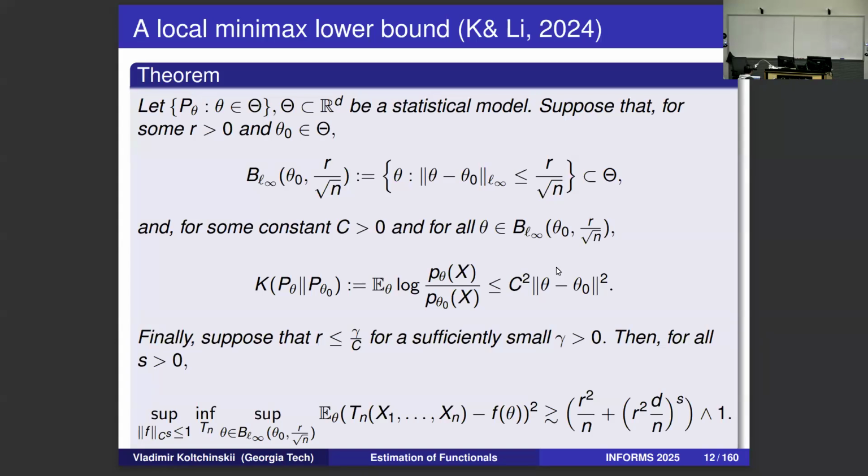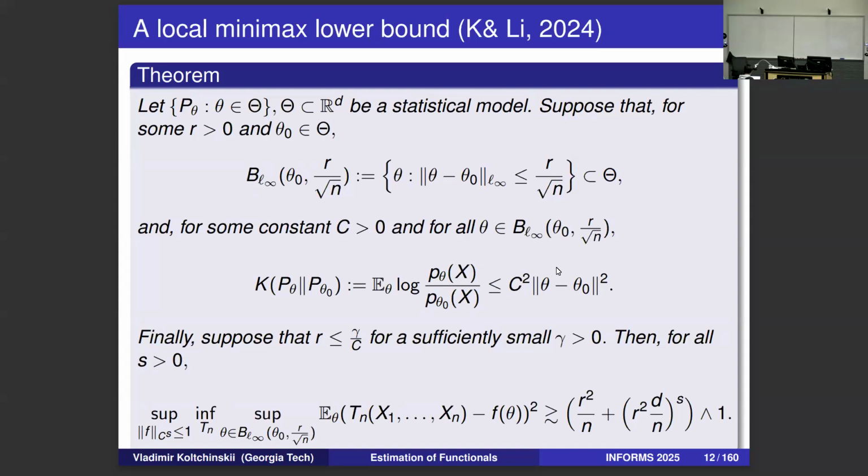In a small ball like this, and this is an L infinity ball, right? With respect to L infinity distance. If you replace L infinity with Euclidean distance L2, then this ball will be a subset of the ball of radius r times square root of d divided by square root of n, right?